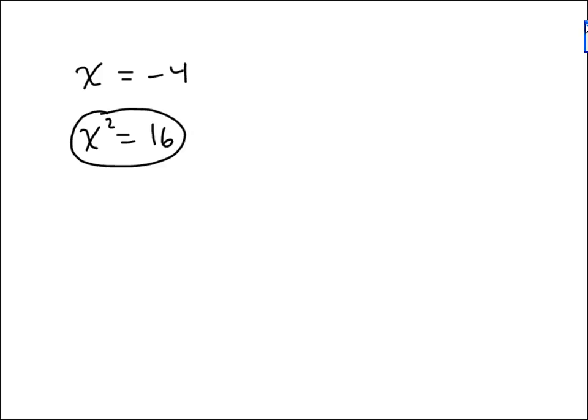When you square both sides of an equation, if you have x is equal to -4, and you square both sides, this means x is equal to 4 and positive 4, x is -4.